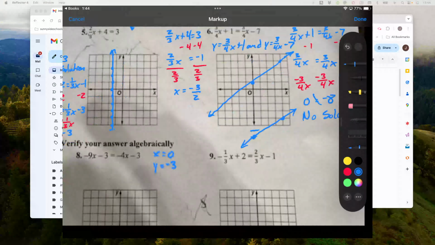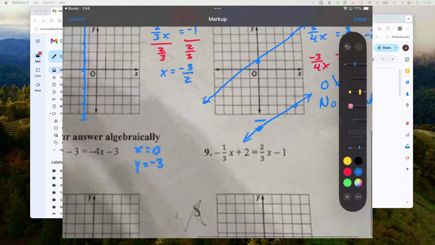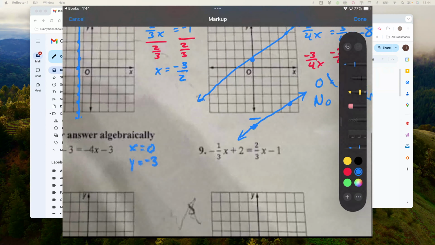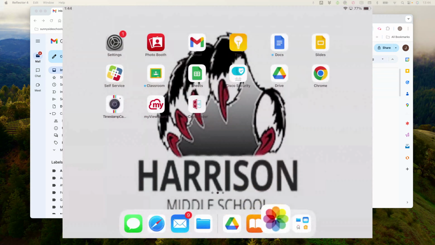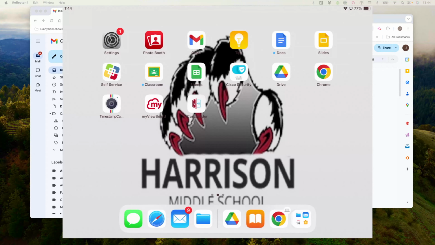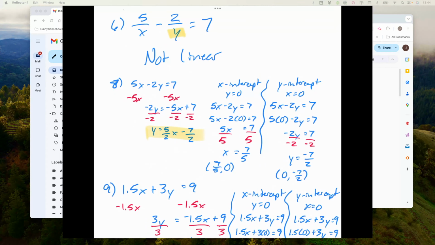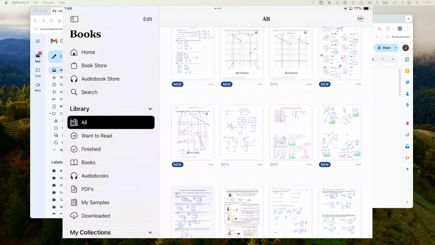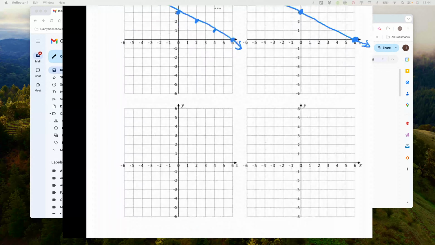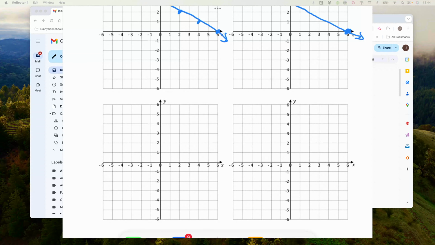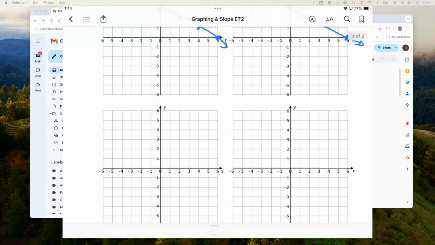Okay, so down here at the bottom, this would fit on the graph. I'll actually bounce over and do it. Negative 1/3 x plus 2. So if we tried negative 1/3 x plus 2, we would end up with that.